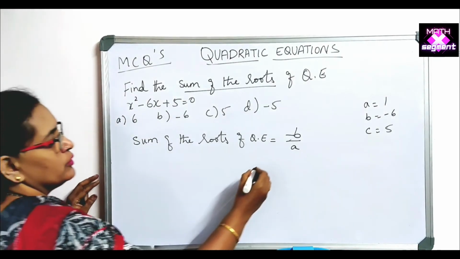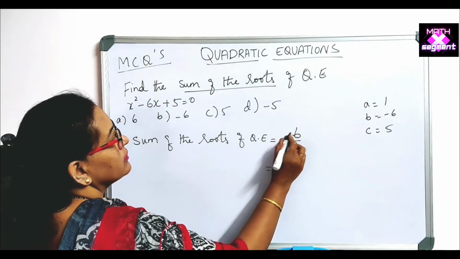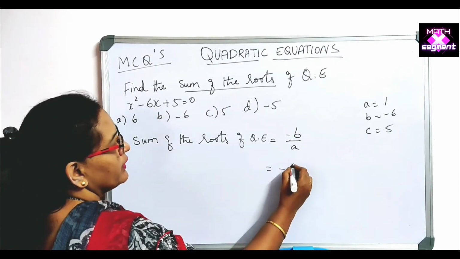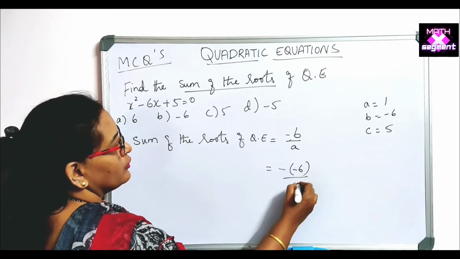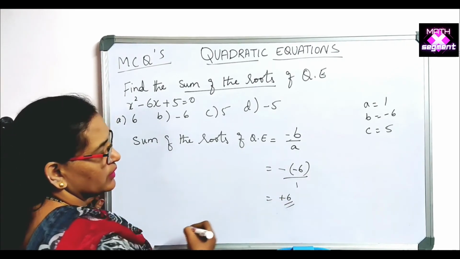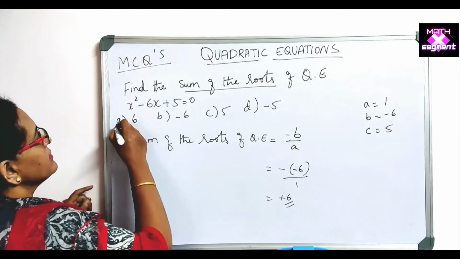So I can substitute the values in the formula. It is minus b, b value is -6 and a value is 1. Minus into minus is plus 6 by 1 is 6 only. So option A is the correct answer.